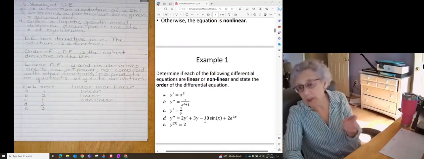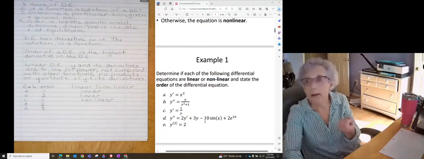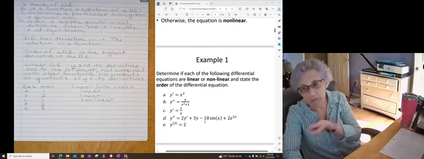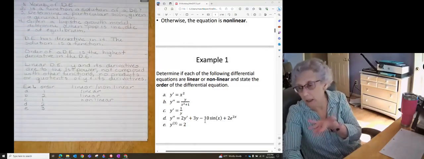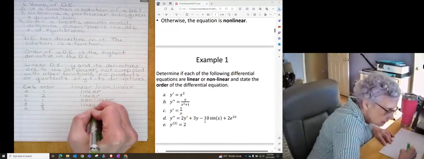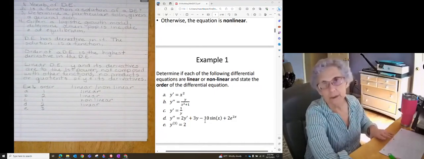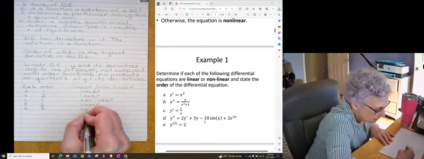You can multiply the derivative by 2, you just can't multiply it by something with a y in it. 3, you can multiply y by that, and then the rest just has x's in it. So this one's linear. And finally, the third derivative is equal to 2, that's linear.